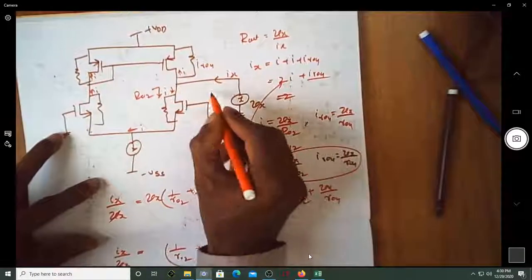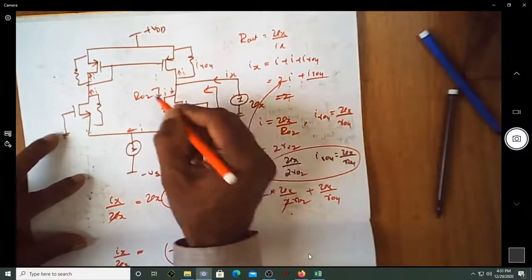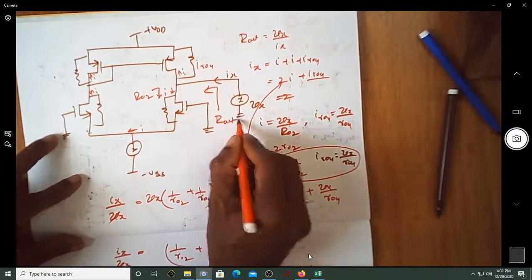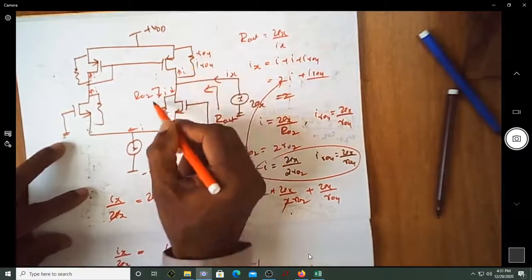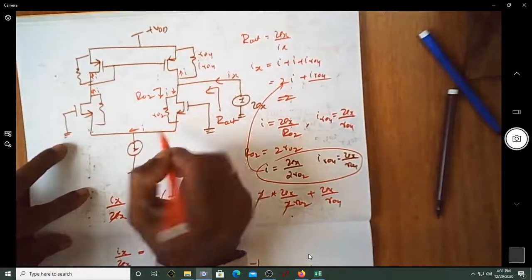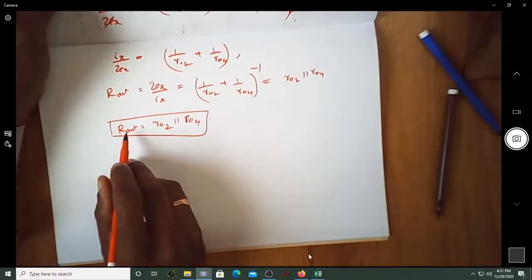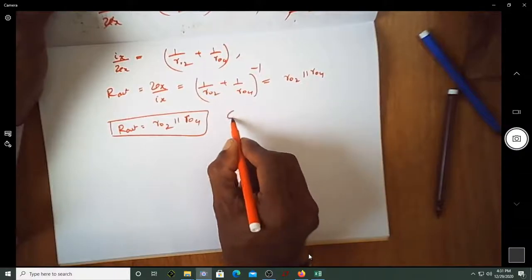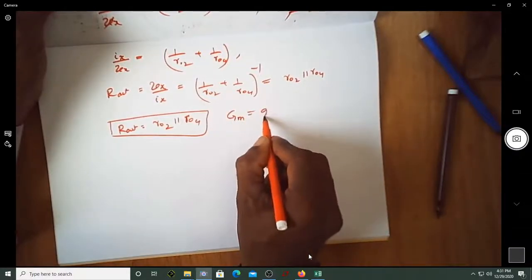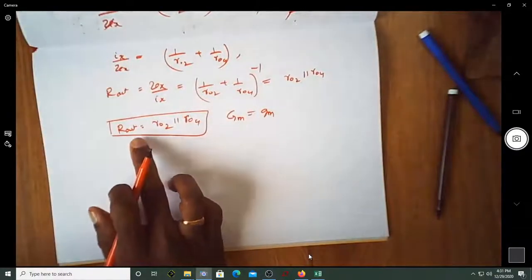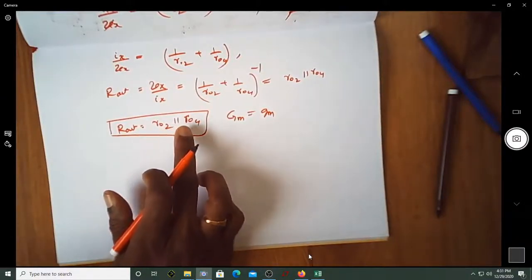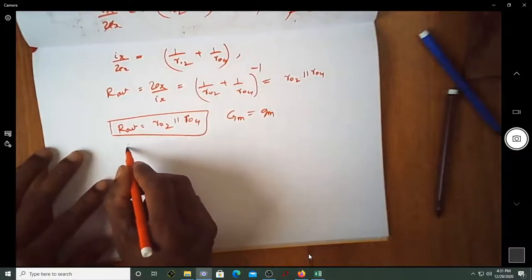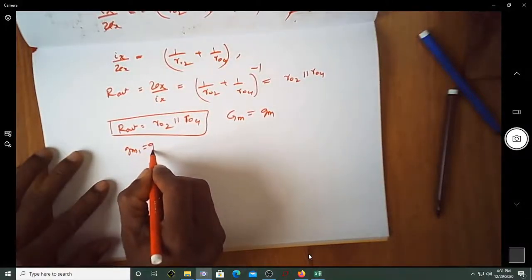So the resistance looking towards this point, which is equal to R out, is equal to the resistance R04 in parallel with resistance R02. So now we know the value of R out. We know the value of capital GM, which is equal to small gm. Of course, we know that this R out is equal to R02 in parallel with R04, provided GM1 is equal to GM2.